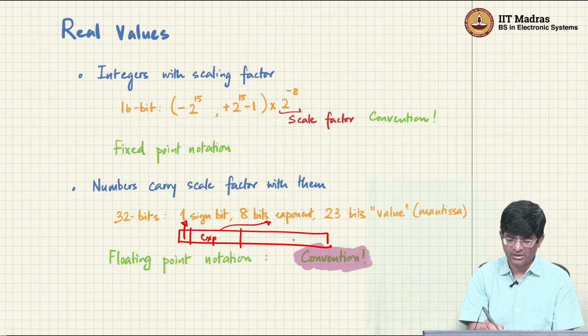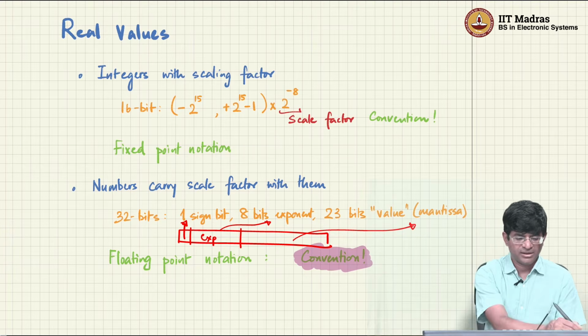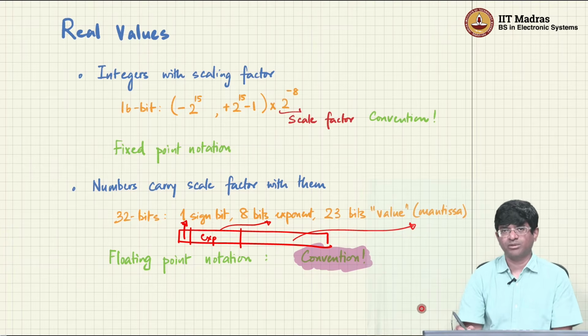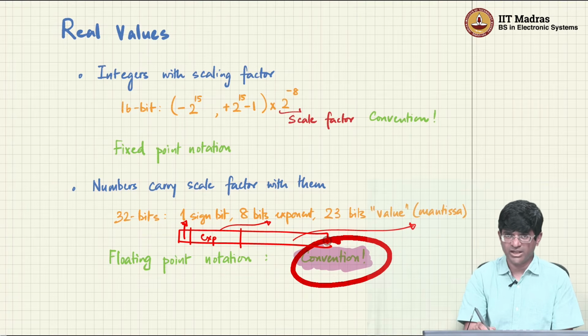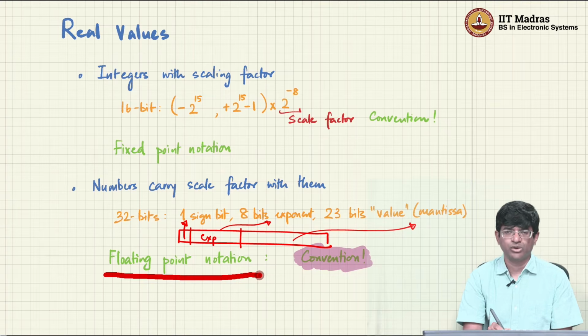And this part is what I call the actual value or the mantissa, the remaining bits, the equivalent of the 3 or the 1.38. Why these particular choices? That is a set of choices that were made as part of a standardization process. It is very much a convention, but it is a very nicely standardized convention which is now referred to as floating point notation.